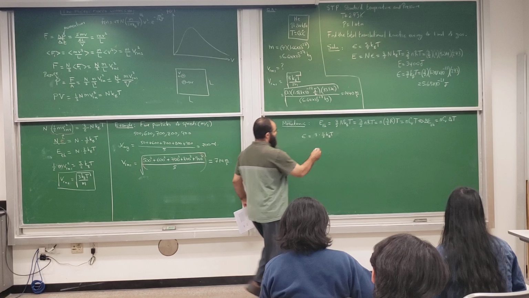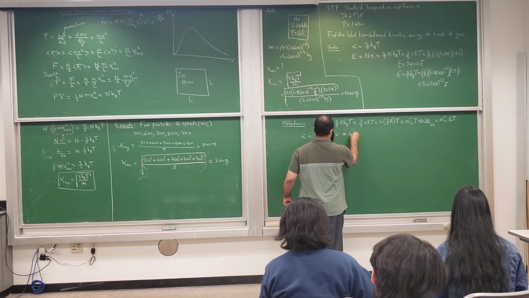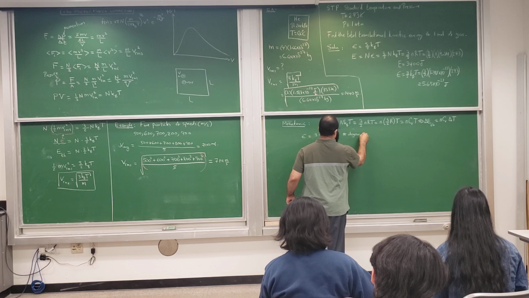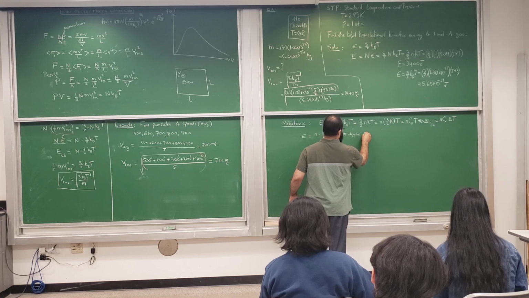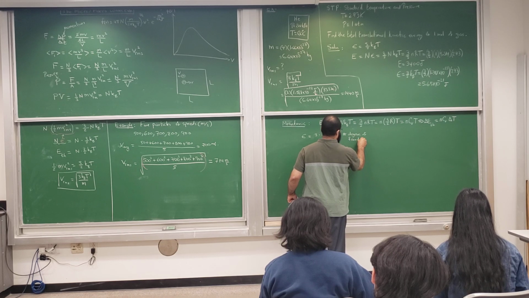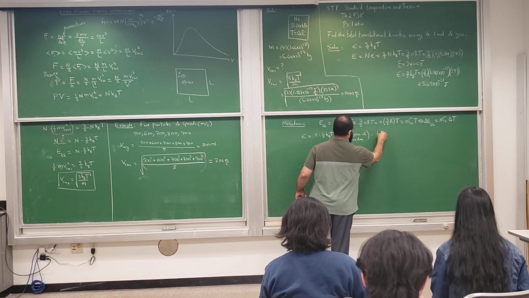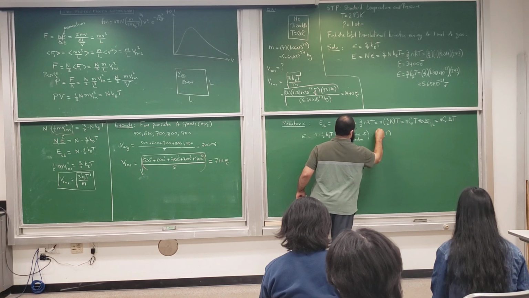So basically, it's the number of degrees of freedom times 1/2 kb times t.